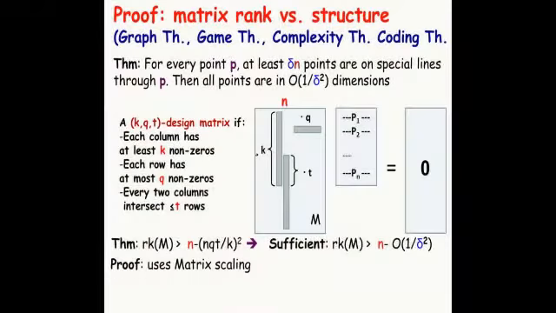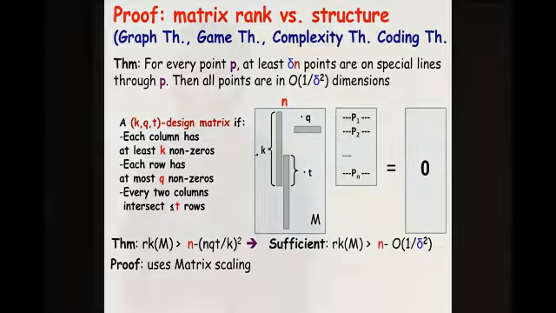And the first part of the proof is to use what's called matrix scaling, which is a way to change the entries of a matrix basically by multiplying the rows by constants and the columns by constants.